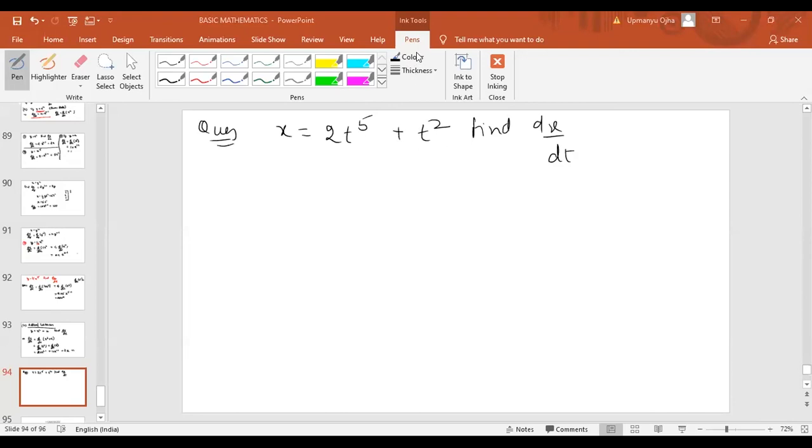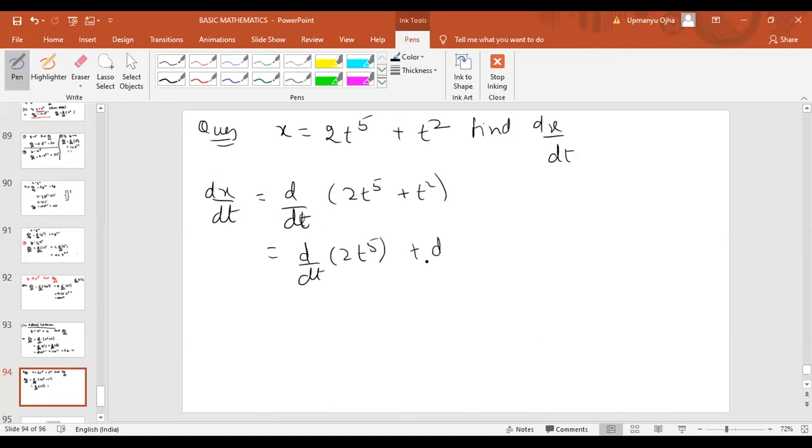To find this dx by dt, we have to first write dx by dt equals d by dt of the function, that is 2t power 5 plus t square. Now we have two functions in addition, so we can differentiate them separately: d by dt of 2t power 5 plus d by dt of t square.